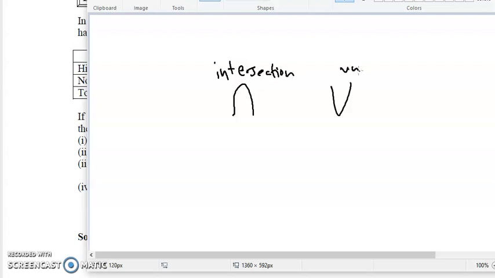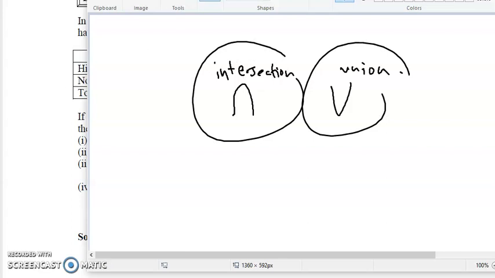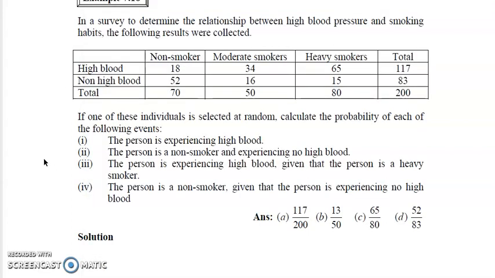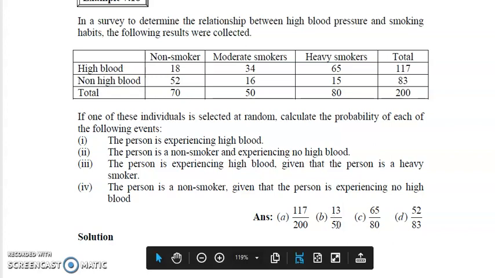Intersection. This is union. Okay, this symbol. So this is 'and': the person is a non-smoker and experiencing no high blood. From here it will be 52 out of 200. We simplify, it will be 13 out of 50.